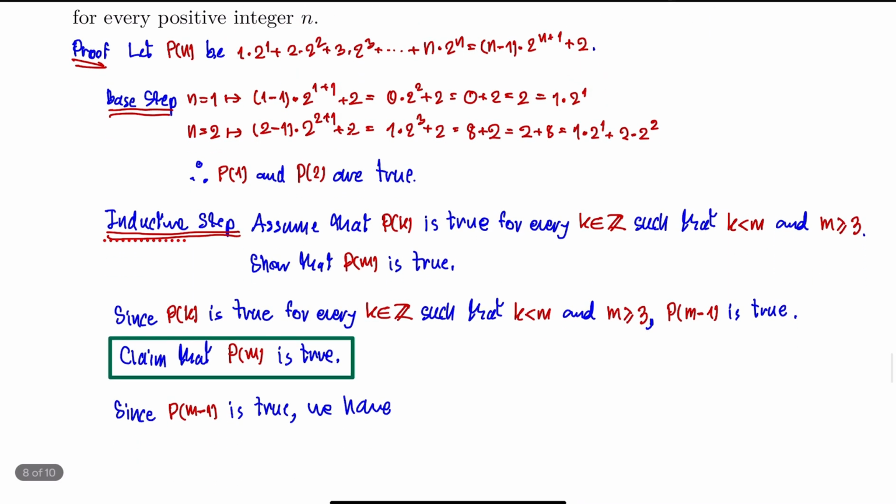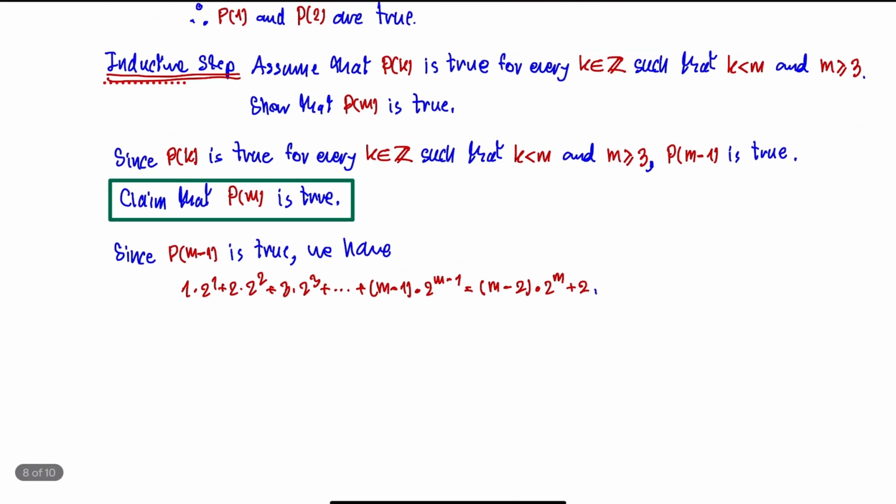So we have 1 times 2 to the 1 plus 2 times 2 to the 2 and 3 times 2 to the 3 and so on all the way to m minus 1 times 2 to the m minus 1 equal to m minus 2 times 2 to the m plus 2. Okay, and we try to show that P of m is true, so we have to begin with this.